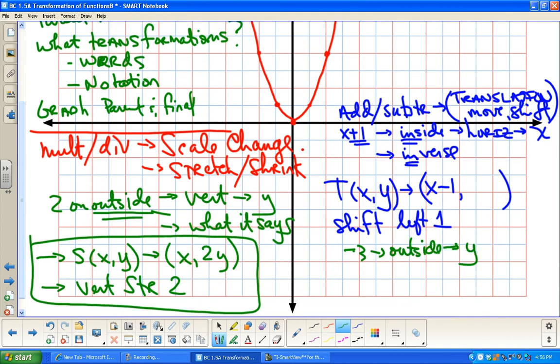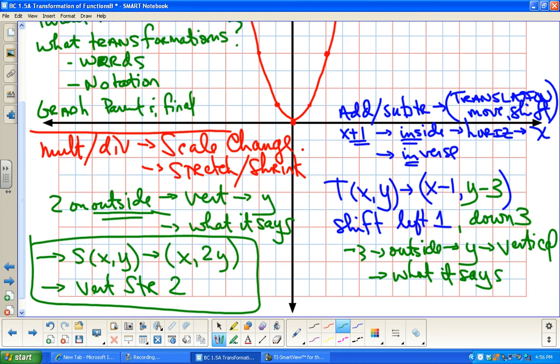That means it's about y. It's vertical. Sorry, I didn't follow the same order. And do what it says. It says minus 3, so I'm going to do y minus 3. So it's shifted left 1 and down 3.